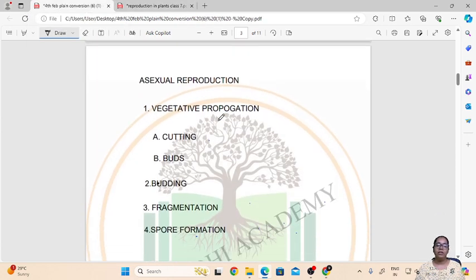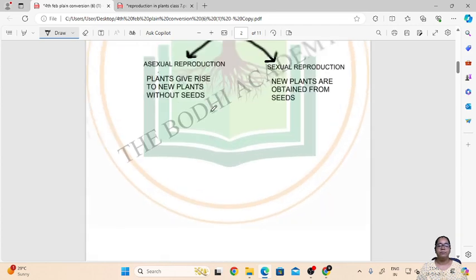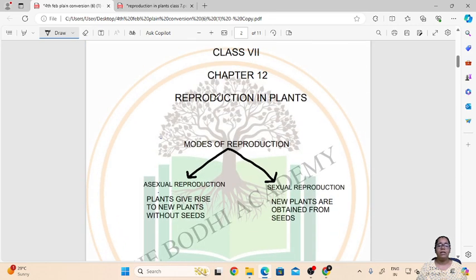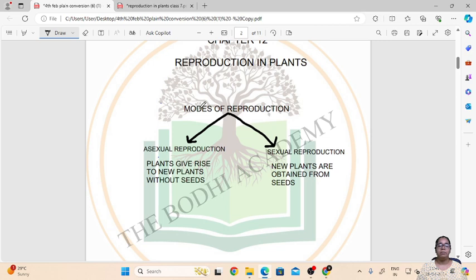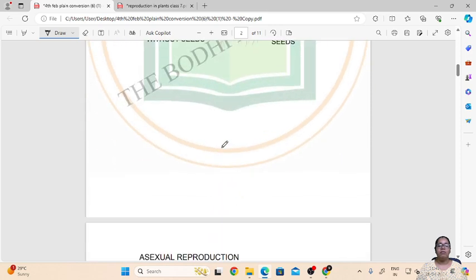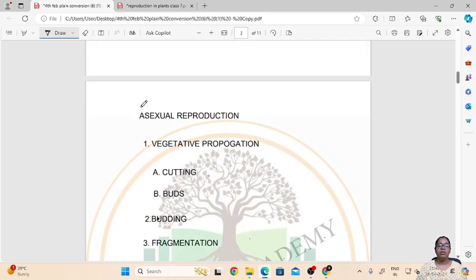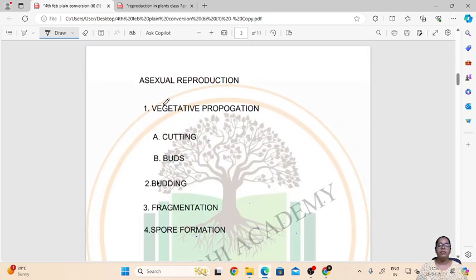So, in today's class, we have studied that reproduction in plants takes place in two different modes, asexual mode and sexual mode. We have studied in detail about asexual reproduction, which takes place through different methods. First is vegetative propagation, which takes place by cutting and by bud formation.